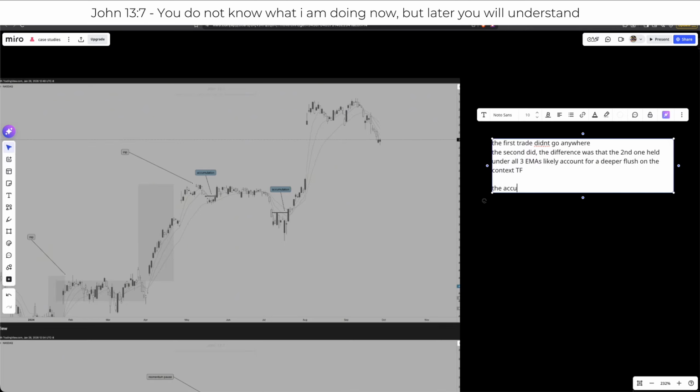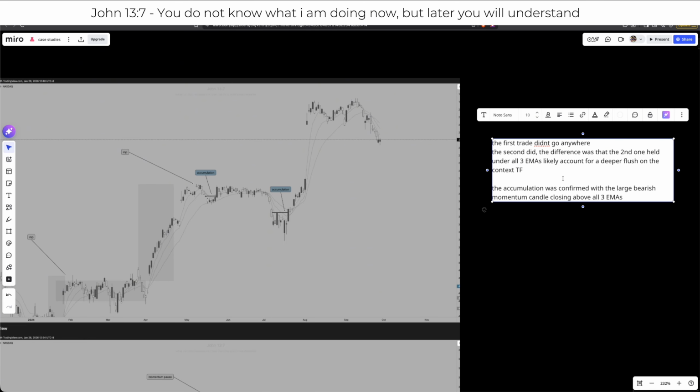The accumulation was confirmed with a large bearish momentum candle closing above all 3 EMAs. So that looks really good for the actual momentum candle. So the accumulation confirmation, this is the MAs, this is the price action prior.